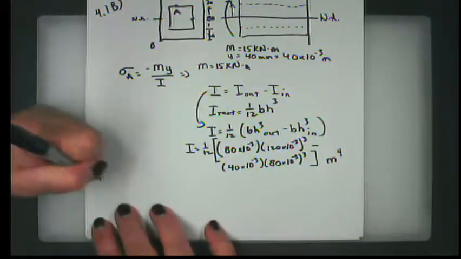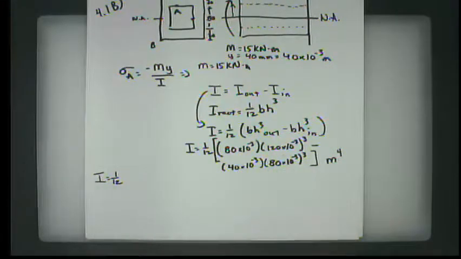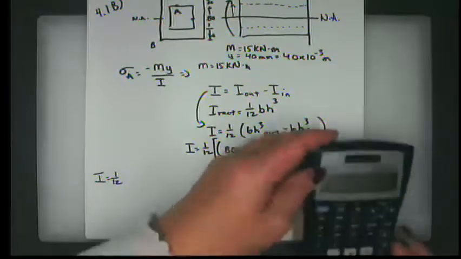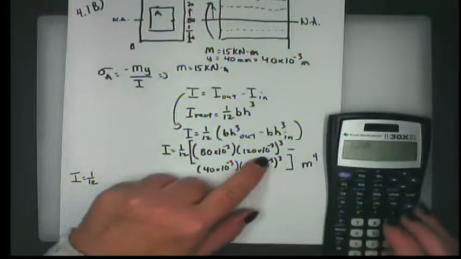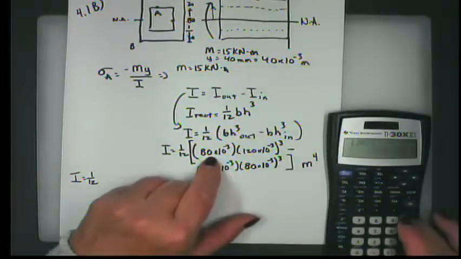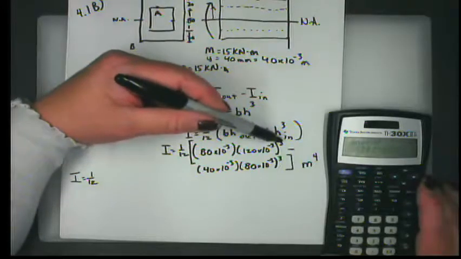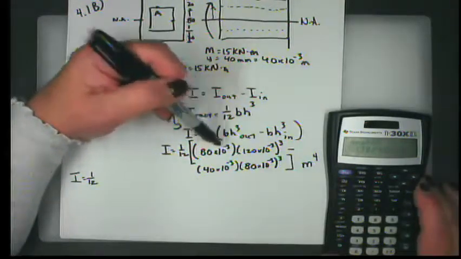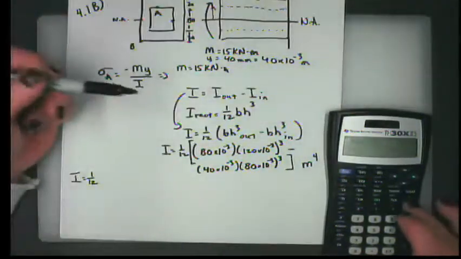All right, so my I then is equal to 1/12. Now if I do my math here, did I bring my calculator? Yes, I did. All right. So I'm going to start here, 120 raised to the third power times 80. And if you look at your powers of 10, this is going to be 10 to the 9th, so this is 10 to the minus 12th.